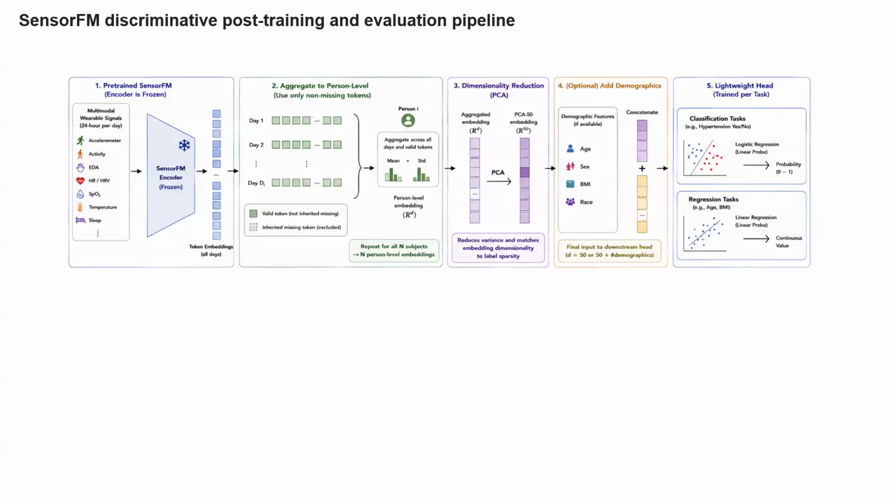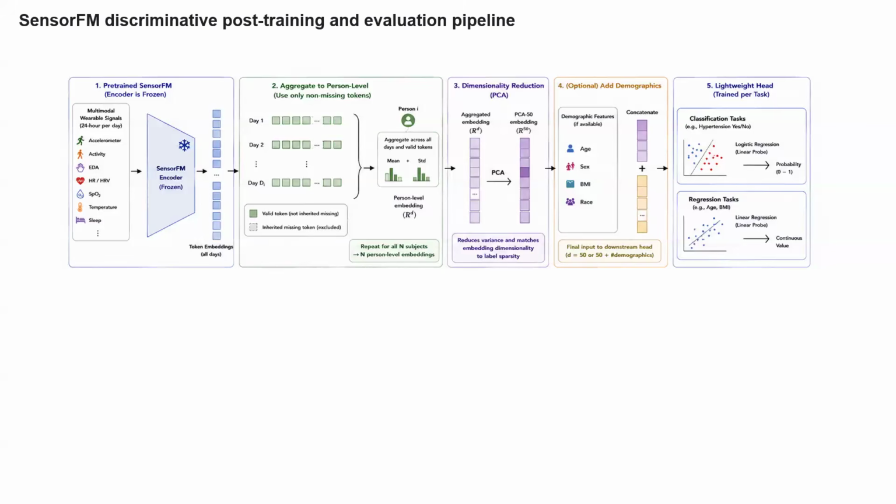But when they have the embeddings, they aggregate the person-level information, and they only use the non-missing tokens of the person, and then they repeat it for all the subjects, so the embedding is at the person level, if I'm correct.